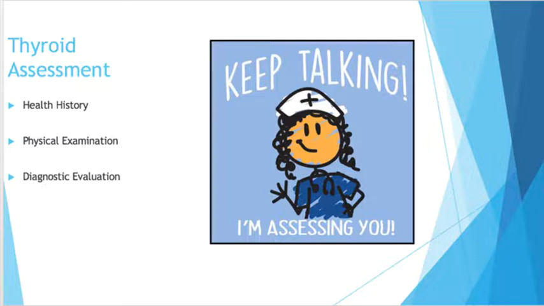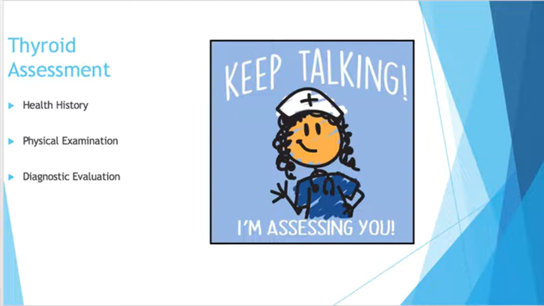Okay. The next part is going to be the physical exam. You do want to palpate the thyroid gland. So again, if you're rusty on this, your health assessment or your fundamentals book are great to help you review the steps. So again, feeling the thyroid gland, you want to assess heart rate, you want to look at the abdomen, the skin, the nails, the hair.